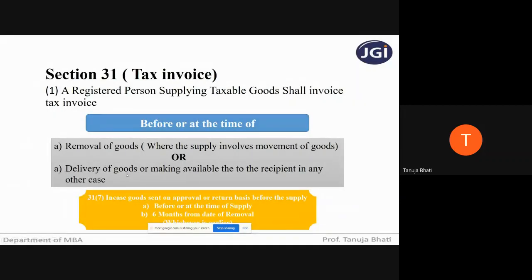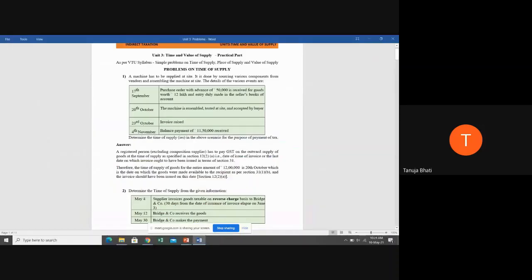Moving back to the problem, the actual date of invoice issued by the supplier is 23rd October, and the date on which the invoice had to be issued is the date on which the goods are delivered to the buyer. The machine is assembled, tested at site, and accepted by the buyer. That means it has been installed at the buyer's site, so it is delivered to the buyer on 20th October. Or the date of payment, which is 4th November. First, among the date of issue of invoice or the date it ought to be issued under section 31, let us compare.